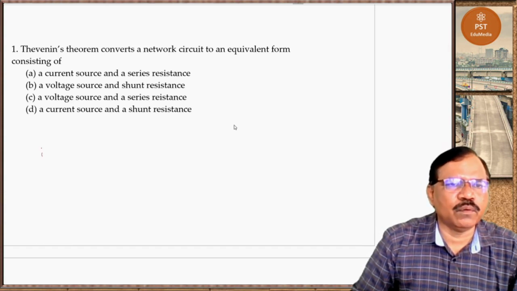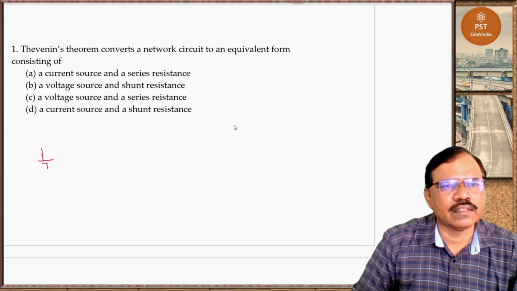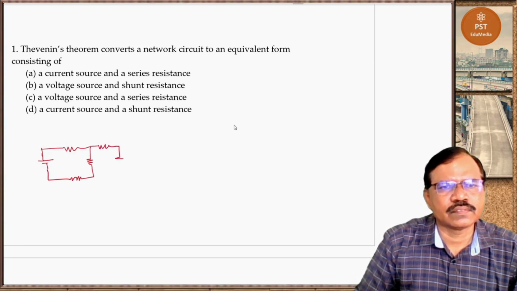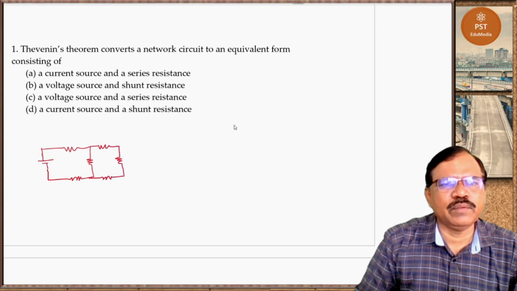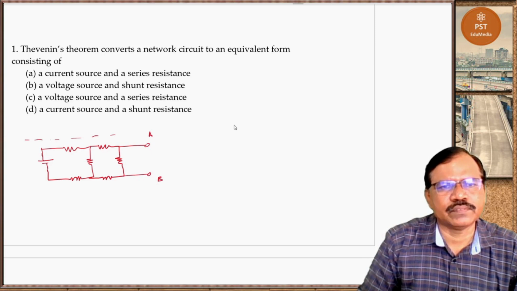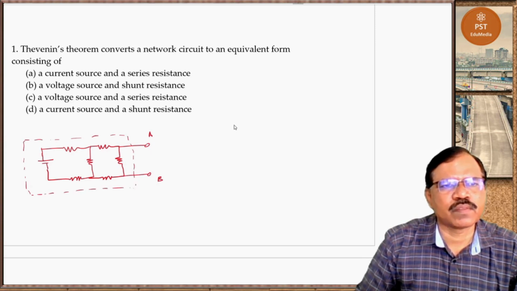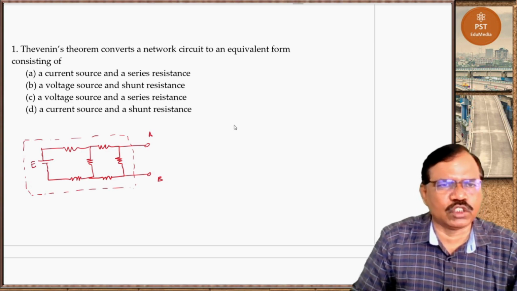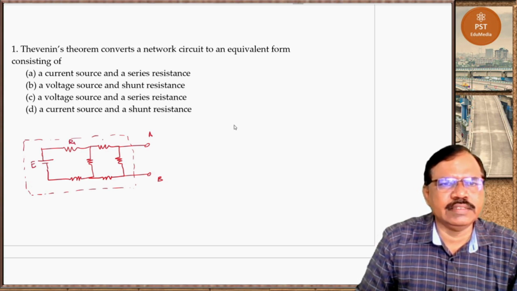Means here we will have some network like this. So this is network, and we take two terminals out here. Suppose A, B. Now network has source of EMF, E, maybe more than one source of EMF, and resistances.